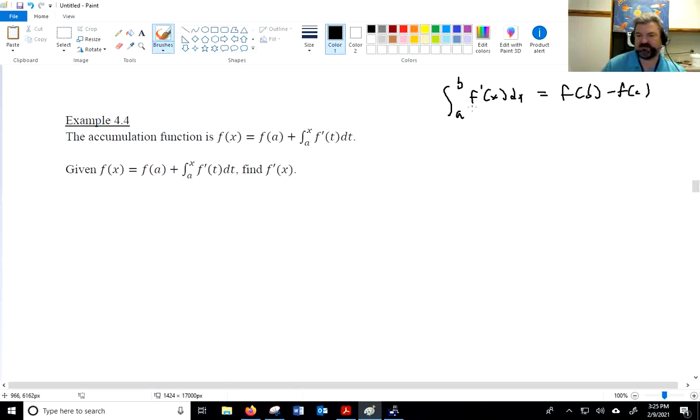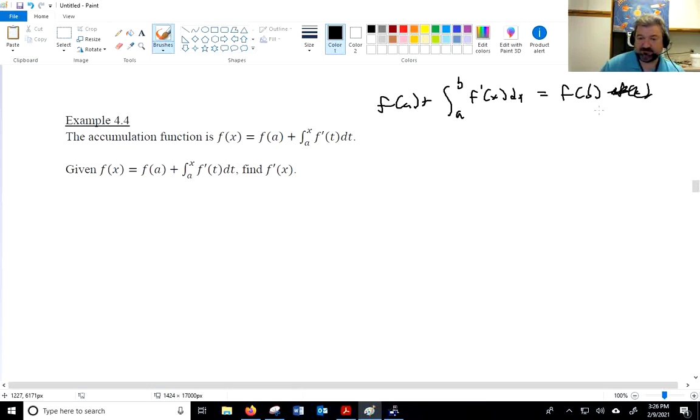And we notate it by taking the integral, and we use this little box around it and all that. But if I move this f of a over, then what we get is an interesting kind of story. So whatever value your function is at a, adding up all the amount that it changes over time from a to b gives you the amount at b.